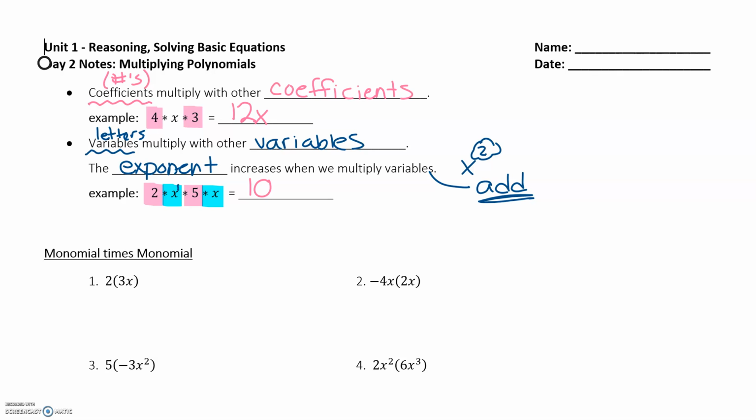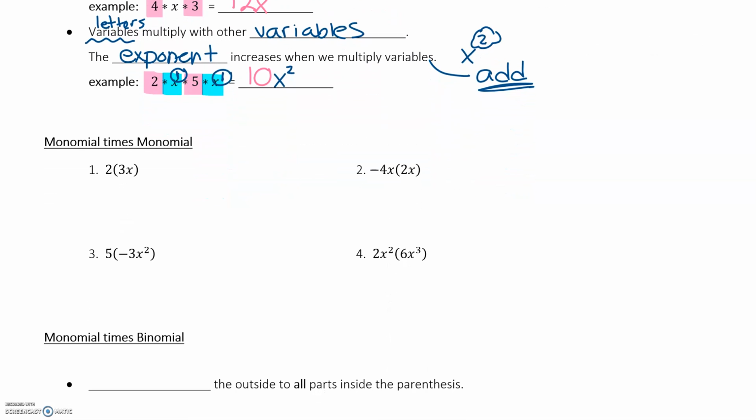The exponent on this variable x is a 1, and the exponent on this variable is a 1. So we're still going to have x, but how many of them? 2, because we added those exponents together. Okay? So let's look at a couple of examples.